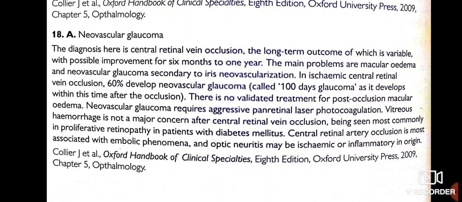In ischemic central retinal vein occlusion, 60% develop neovascular glaucoma, called 100-day glaucoma as it develops about this time after the occlusion. There is no validated treatment for post-occlusion macular edema. Neovascular glaucoma requires aggressive pan-retinal laser photocoagulation. Vitreous hemorrhage is not a major concern after a central retinal vein occlusion.